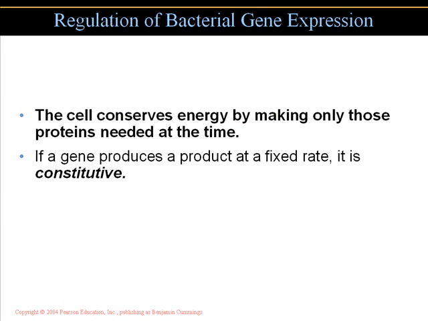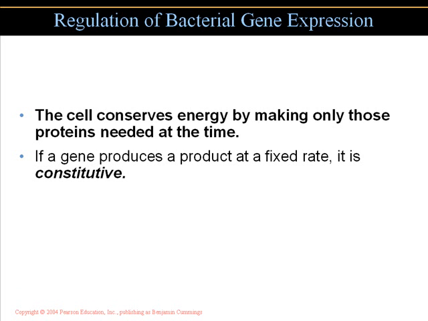For bacterial genes, which differs just a bit from the biological system or the human systems, the cells will conserve energy by making only those proteins needed at times. Now, the human system or the biological system basically does the same as well. It will conserve energy as well.